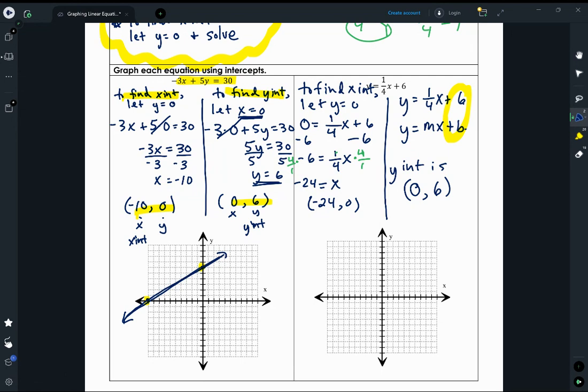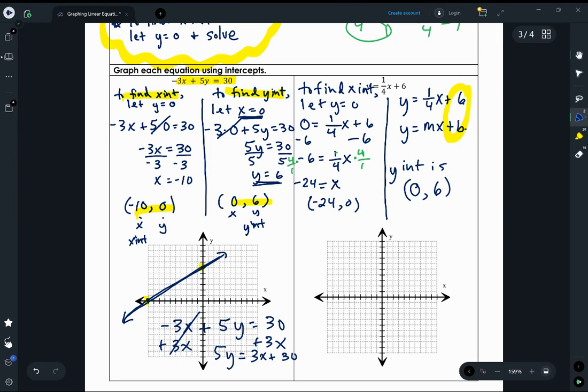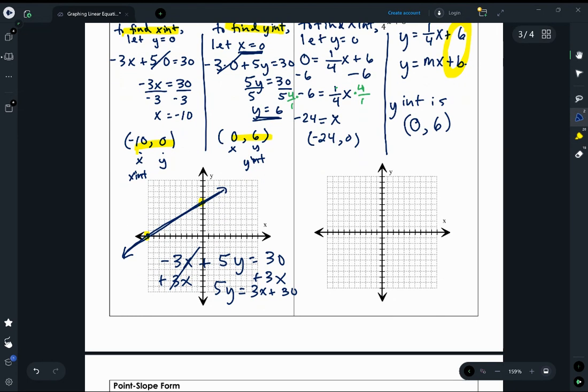So the other way to graph this is I could take that equation and I could solve it for y, right? I could add 3x on both sides, and then I could go through 3x plus 30, and I could divide it by 5 now.